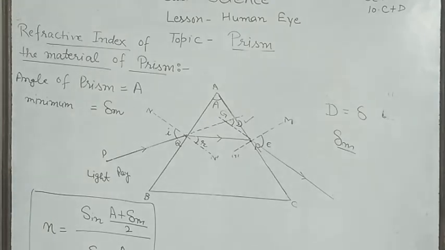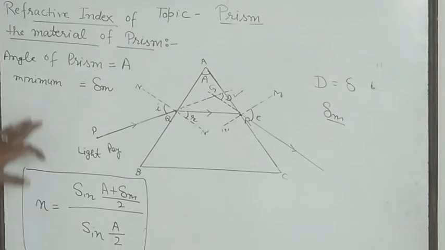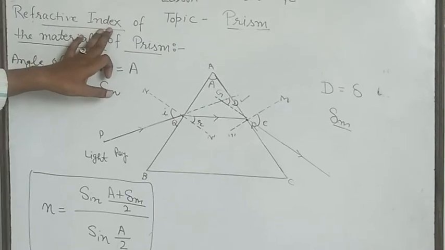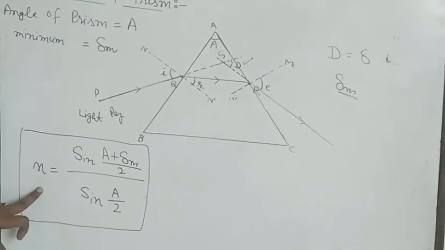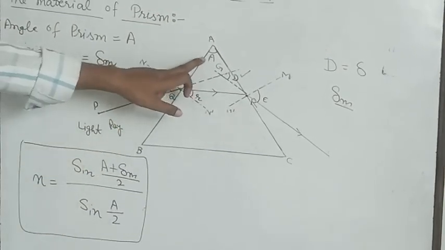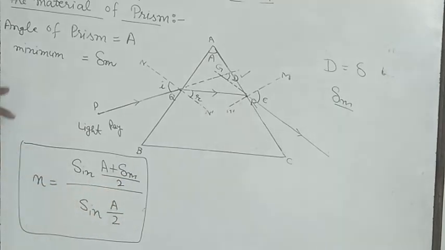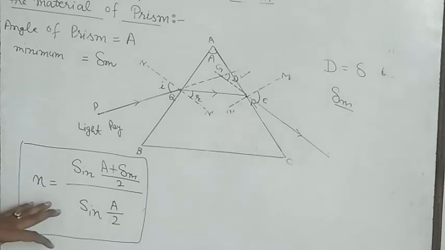In this formula, small n is the refractive index of the material of prism, A is the angle of prism, and delta m is the minimum angle of deviation. This is the refractive index of the material of prism.